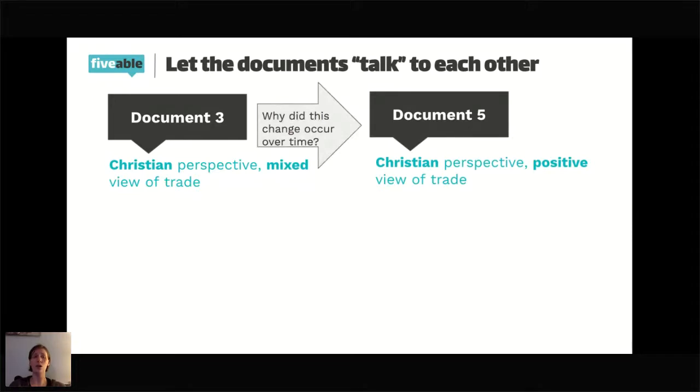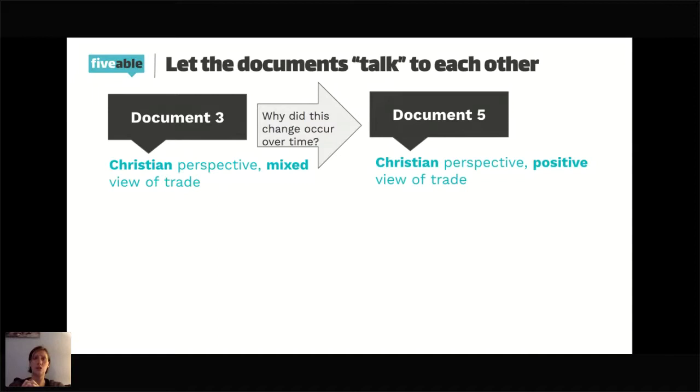Why, between 1273 and sometime in the 14th century, which could be as little as 20 years later, is there such a difference in the way that these folks are talking about trade? And this could relate to sourcing. Maybe it's the issue of theologians' views versus actual merchants' views.